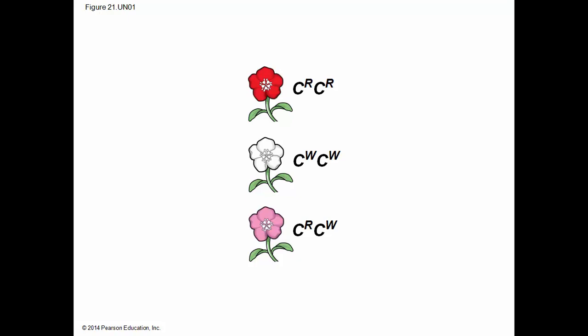So this gives us a visual marker of those organisms that are heterozygous, like the pink flower at the bottom: homozygous dominant, homozygous recessive, heterozygous incomplete dominant pink.